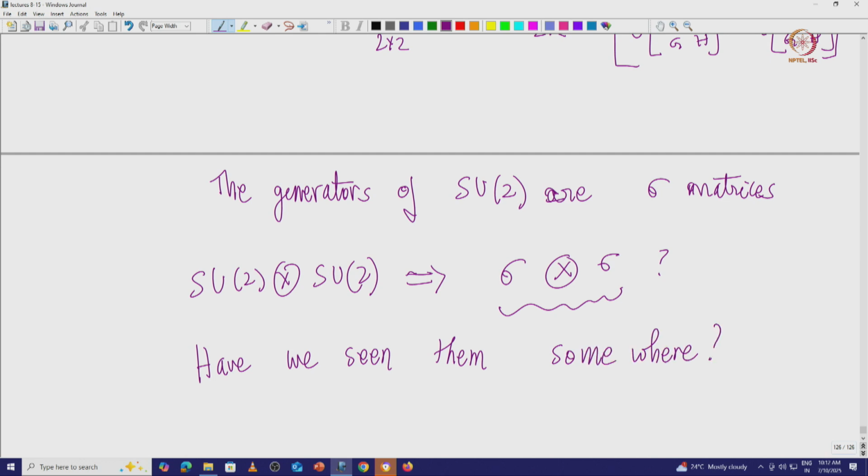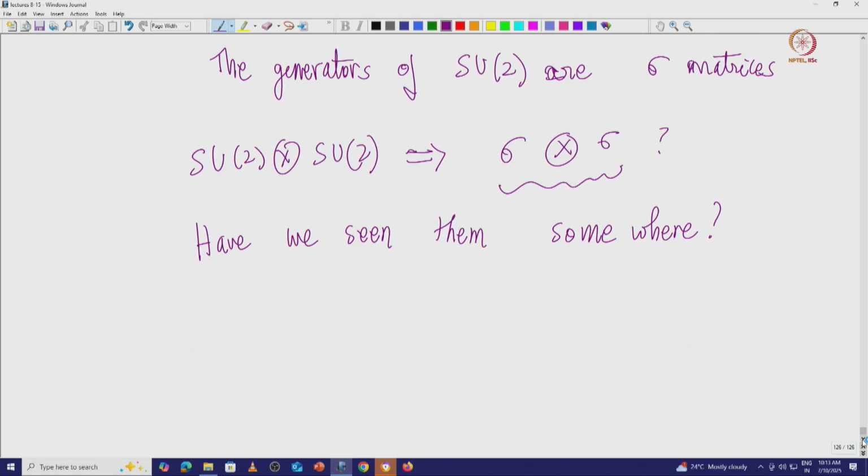You may not have seen them as direct products themselves, but you have seen them essentially. You have actually seen them in gamma matrices. The Dirac representation of the gamma matrices, gamma mu is 0 sigma mu sigma.